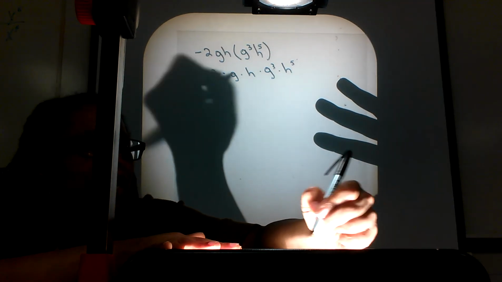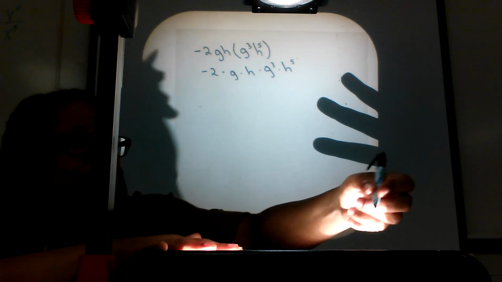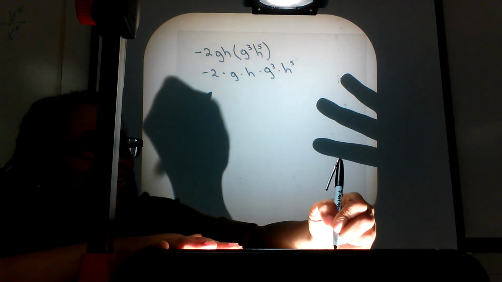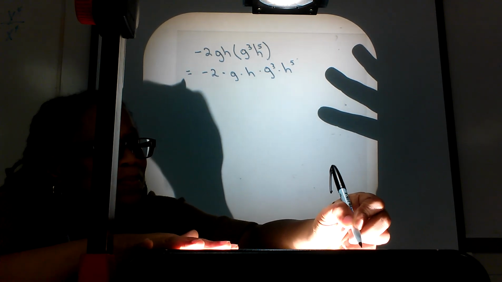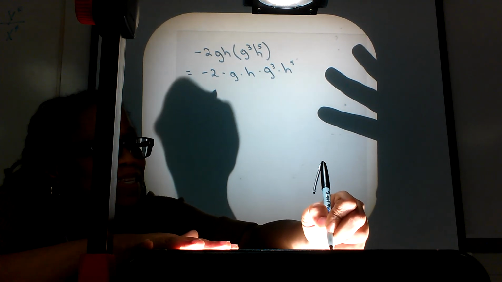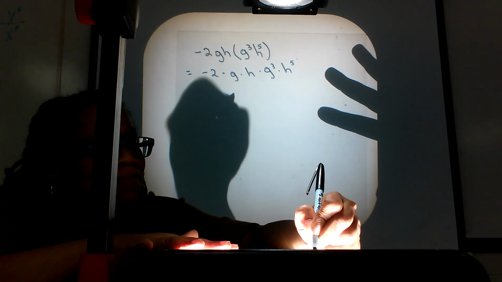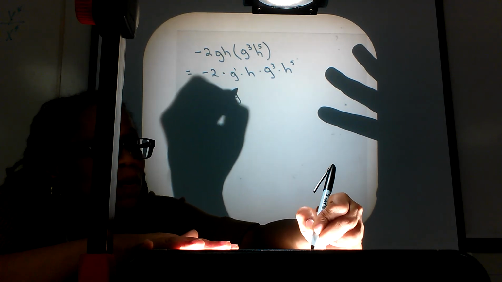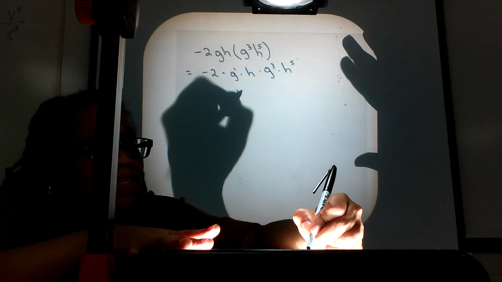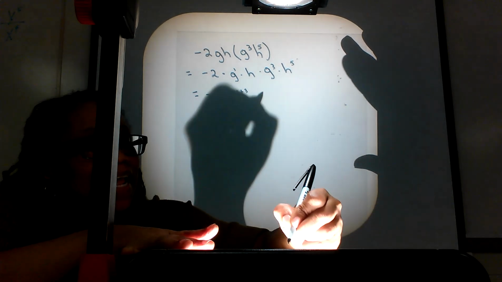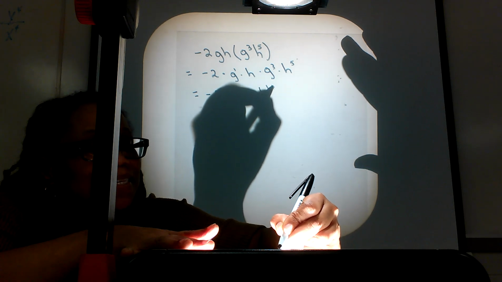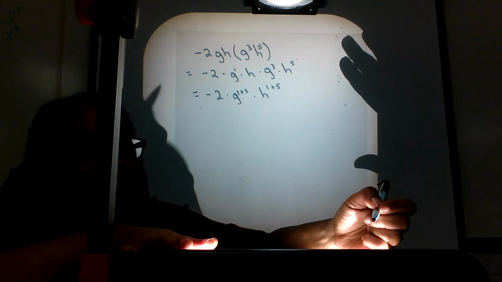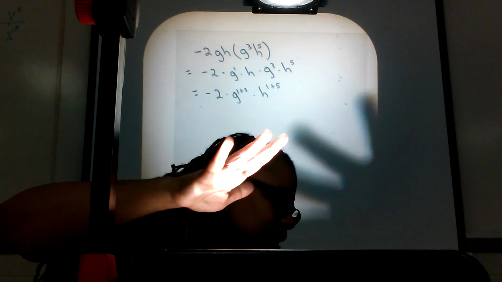Right. So then you do 3 plus 1, 5 plus 1. Oh, the exponents? Yeah. Okay, so hold on, let me catch up with you. She got this now. Okay, so I have -2 times G to the first plus 3, and I have H to the first plus 5. Did y'all see what she did?